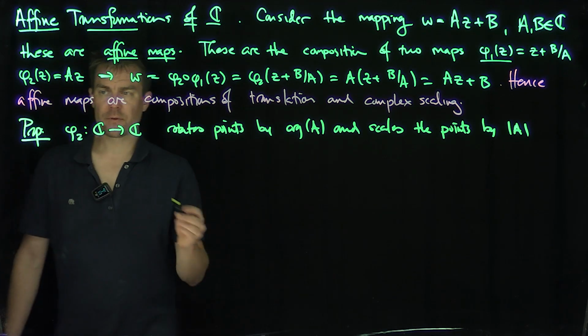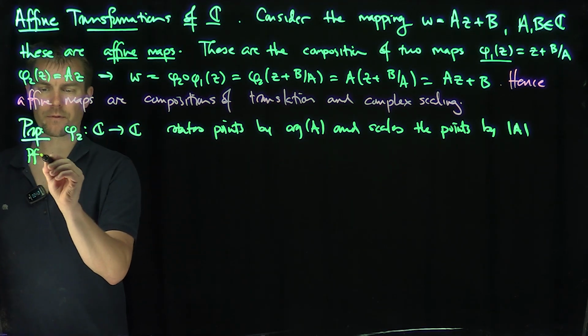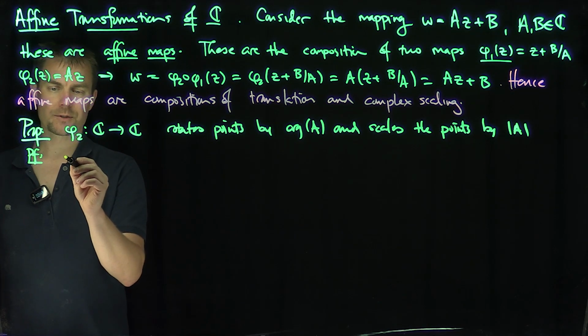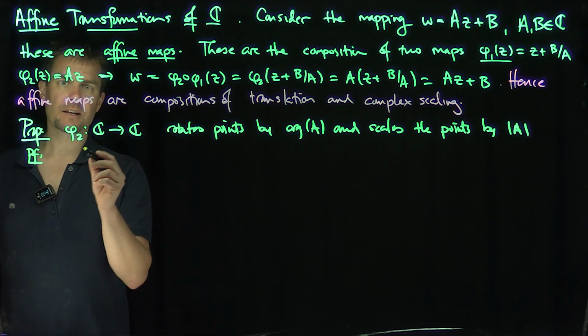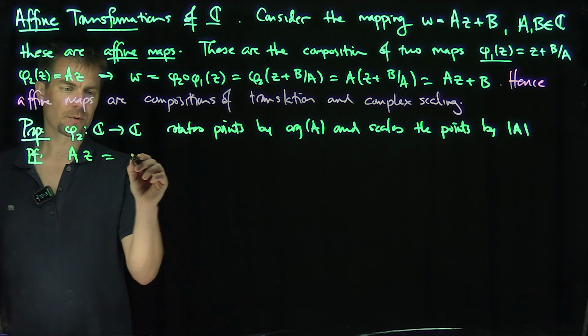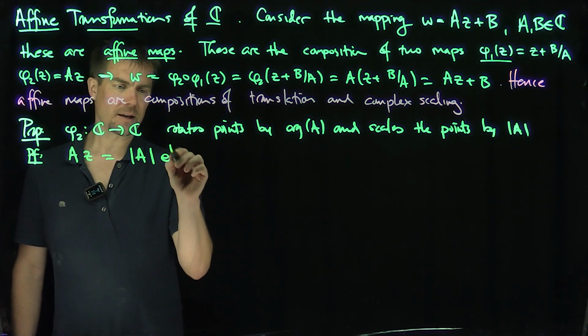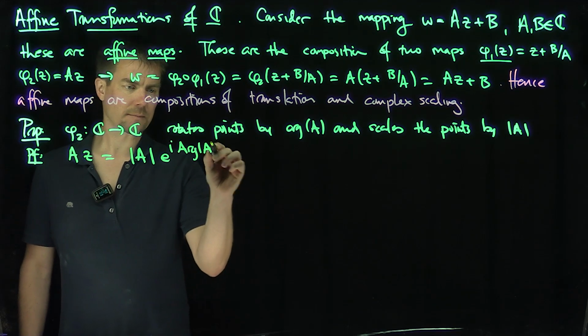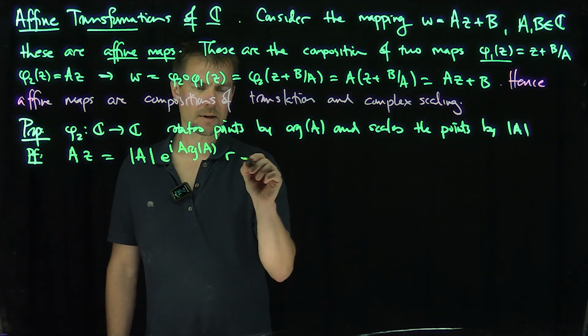How do we prove that proposition? It's relatively straightforward. We write Z as R e to the I theta, and A as modulus of A e to the I argument of A. So A Z is modulus of A e to the I argument of A times R e to the I theta.